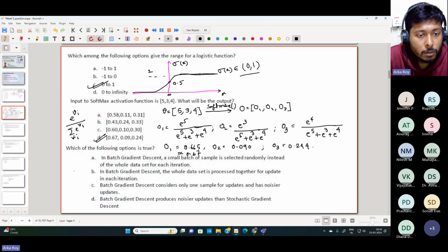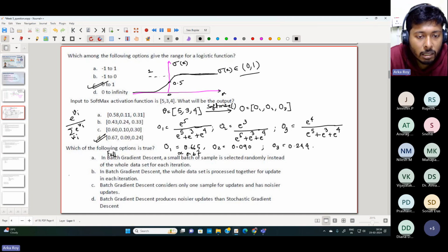Okay, so the next question is which of the following options is true? In batch gradient descent, a batch gradient descent basically means a full batch gradient descent. There are three versions of gradient descent. One is stochastic gradient descent, which basically considers one sample at a time. One is batch gradient descent, which considers the whole dataset as a whole and then calculates the loss and then does the backpropagation.